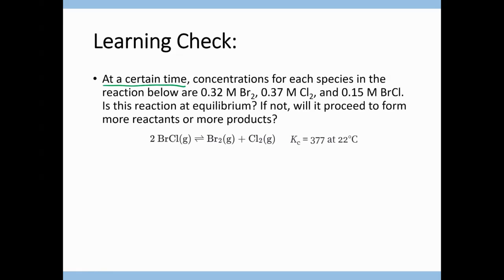We have to calculate Q, yes. We need to find the ratio of products to reactants and see if that equals the ratio of products to reactants at equilibrium, the 377. So we write out the expression for Q, concentration of bromine times concentration of chlorine, divided by concentration of bromine chloride squared.